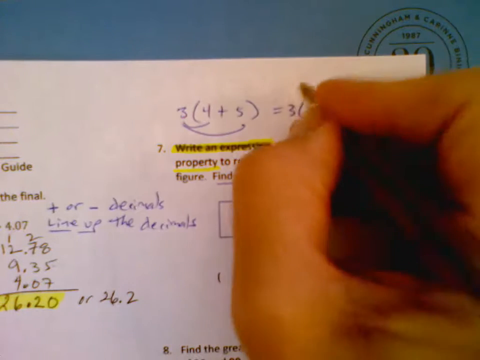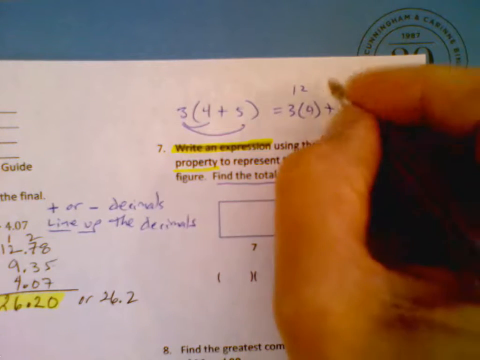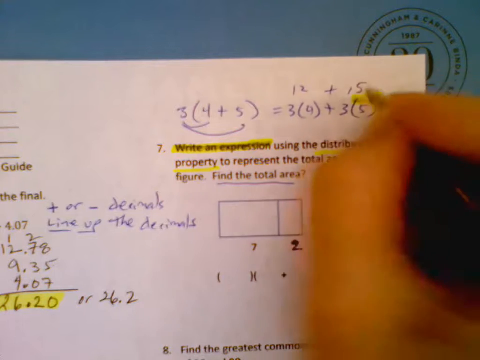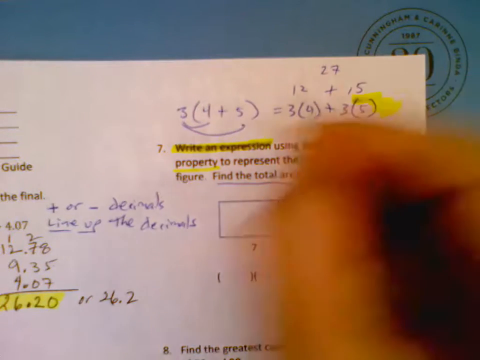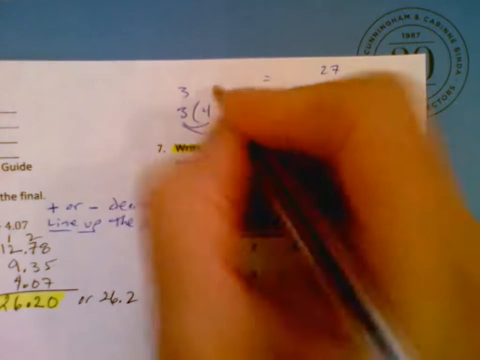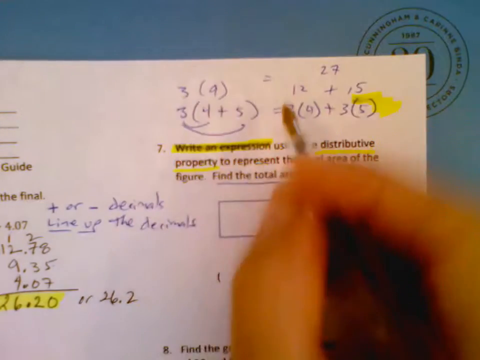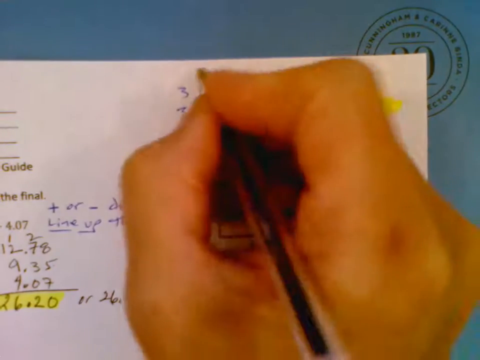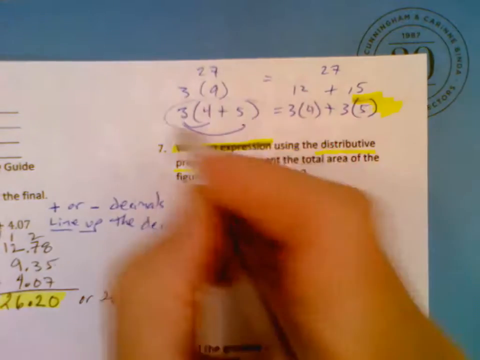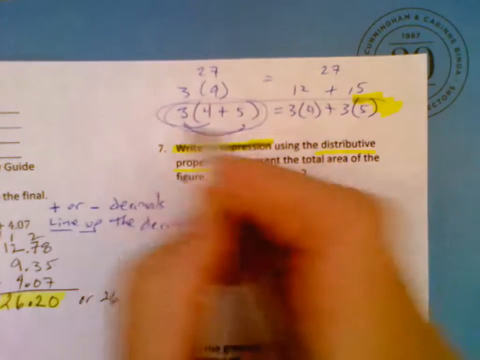So 3 times 4 is 12. 3 times 5 is 15. 12 plus 15 is 27. Well, if I simplify the left side, I see that 4 plus 5 is 9, doing my order of operations, and 3 times 9 is 27. But this is my distributive property, this rule here.